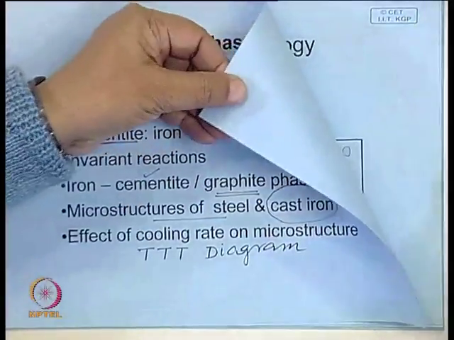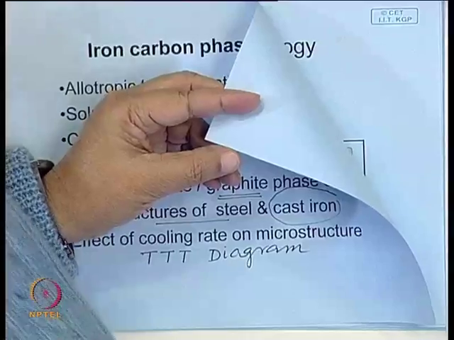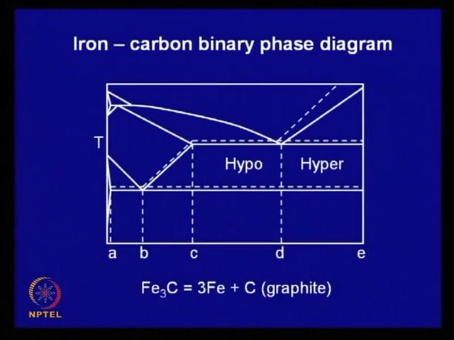Now, let us look at this phase diagram. This is what we discussed in the last class, and each of these marked points has a definite composition.